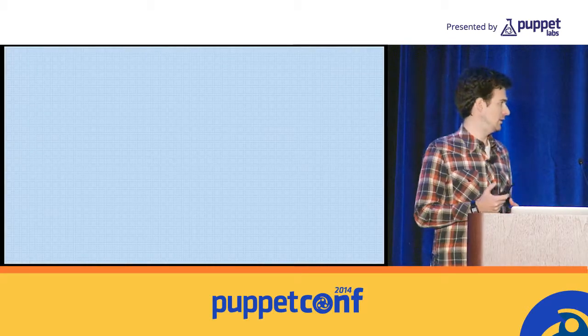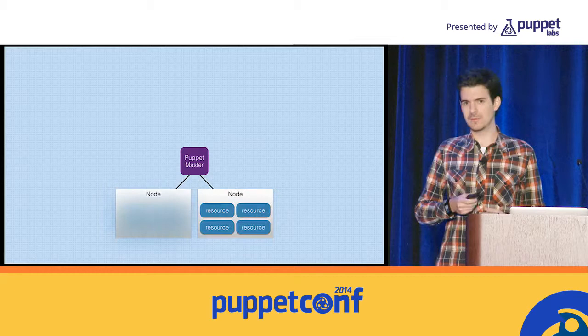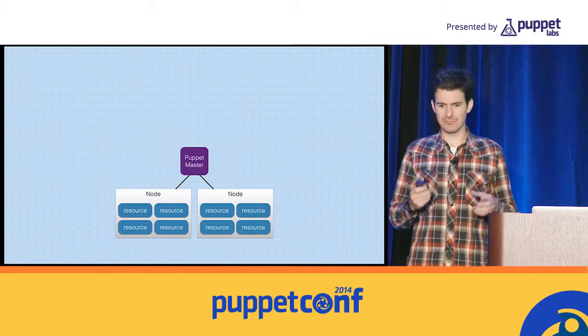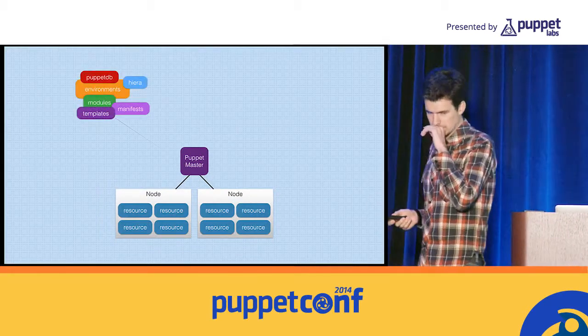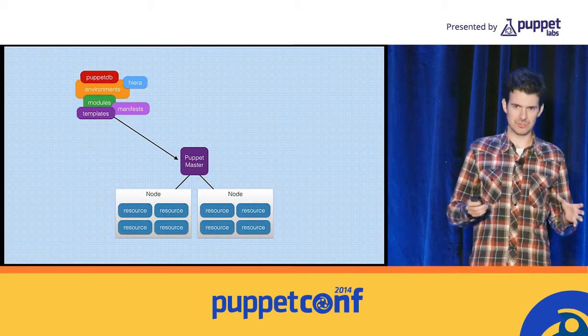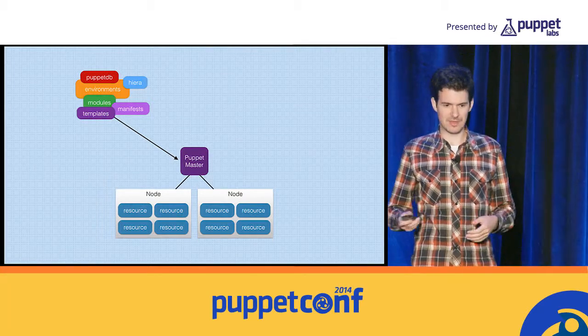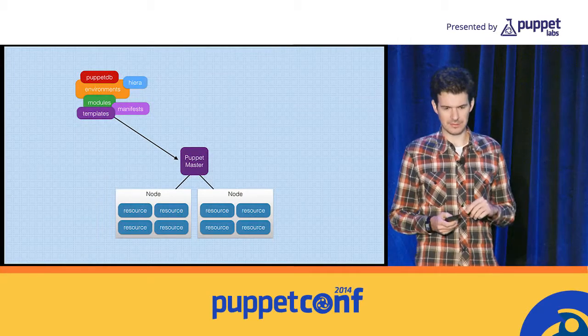We have nodes, right? We start managing them with the Puppet master, and so then we have resources. We have all the Puppet stuff, everything that goes along with our Puppet master or multiple Puppet masters: PuppetDB, our environments, Hiera, modules, manifests, templates, any other things.